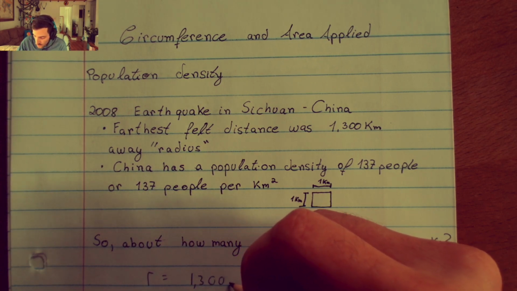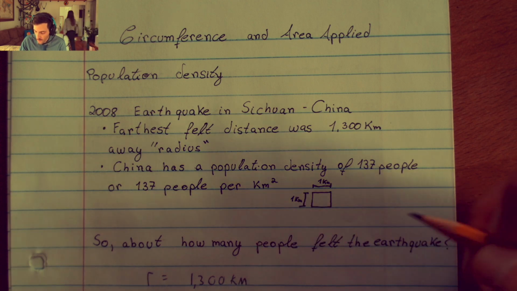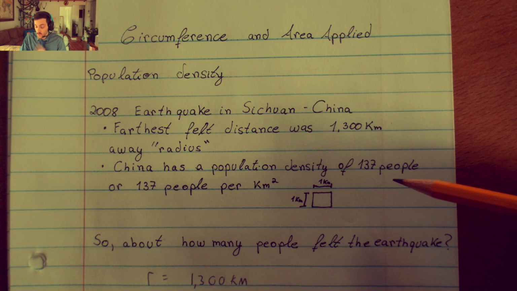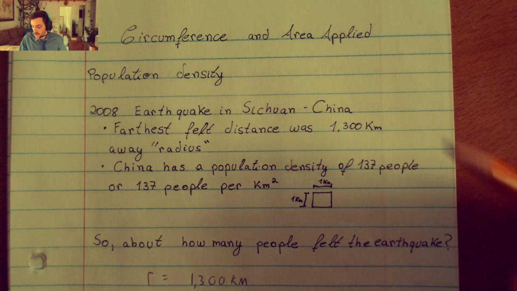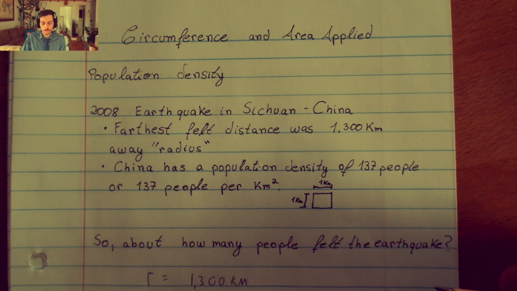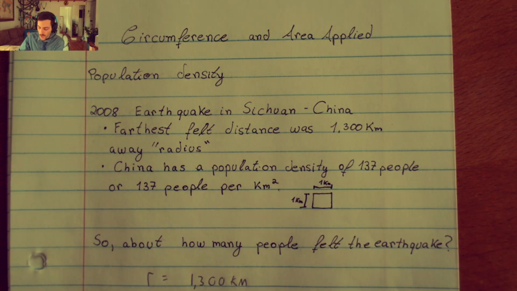The extra information we're provided is that in China, the most populous country in the world, there's an average for the entire country of 137 people per square kilometer. One giveaway in this question is that once we see information presented as squared, we're talking about something two-dimensional, like area.